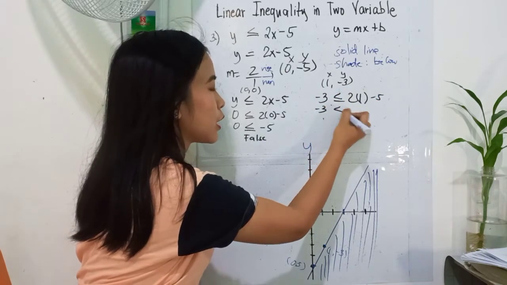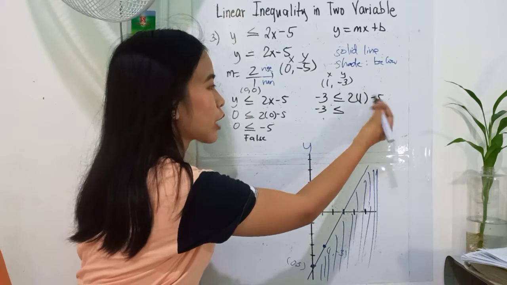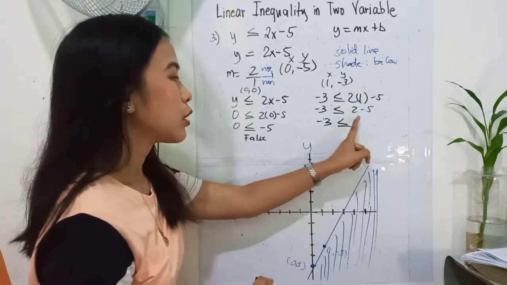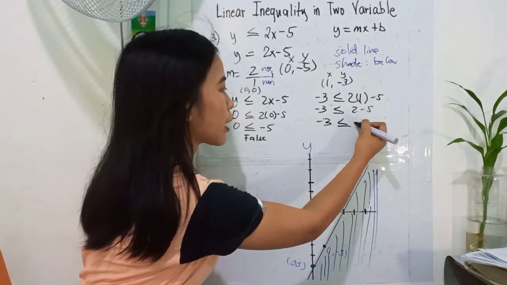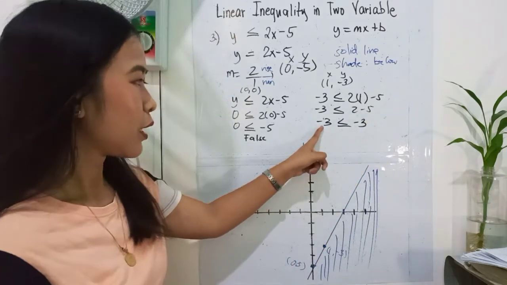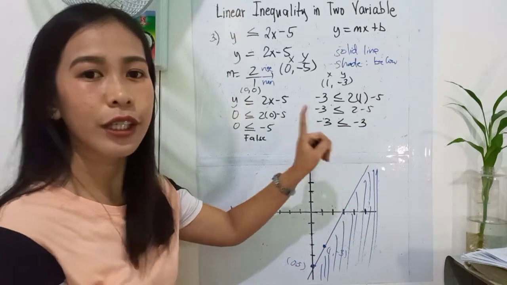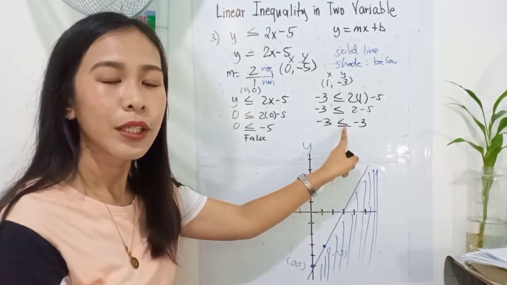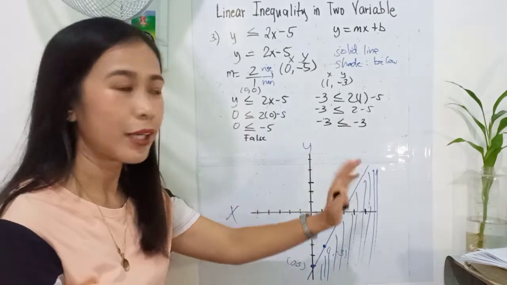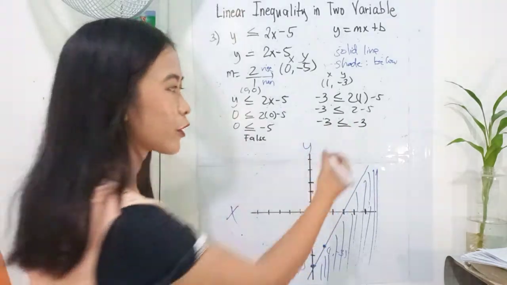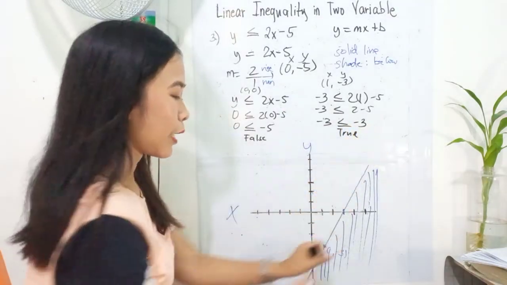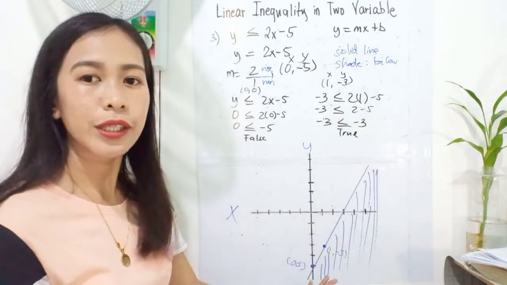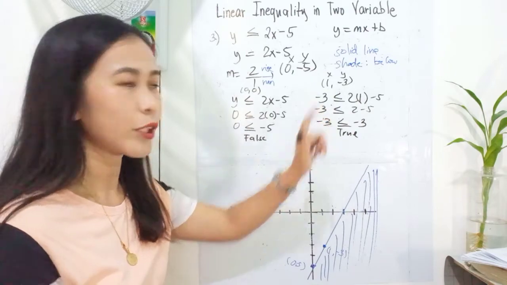So we have negative 3 less than or equal to 2 times 1 is 2, minus 5. 2 minus 5 is equal to negative 3. Is negative 3 less than or equal to negative 3? Yes, of course, kasi meron tayong set as less than or equal. And since they are equal, therefore this is true. Tama na lahat na kasali si solid line, o yung points na meron kay solid line, sa solution set.